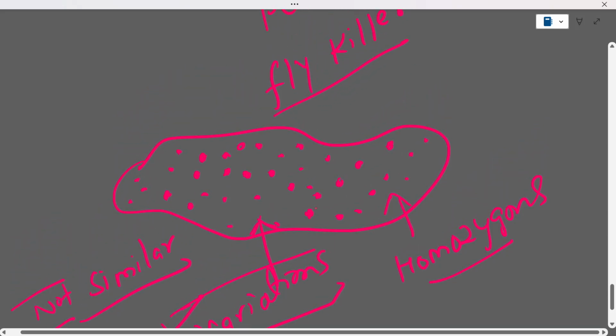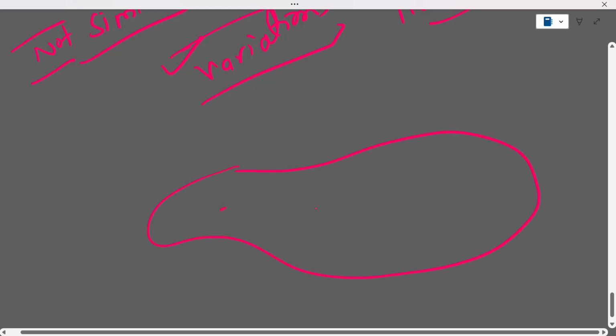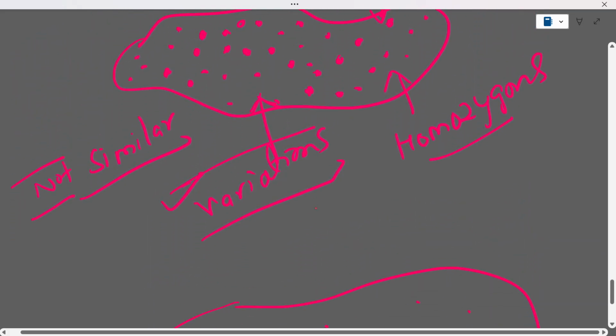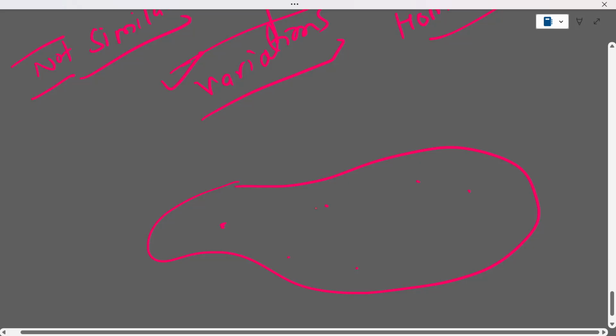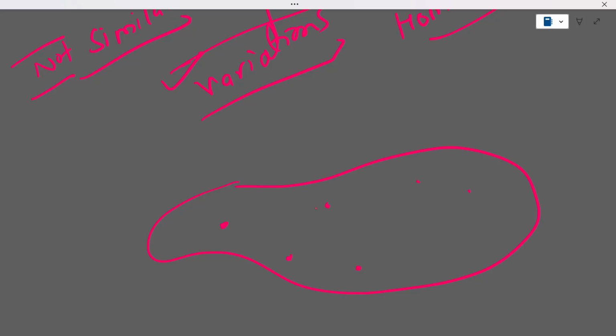So at first, when DDT was applied to this pool of housefly, let's say it killed most of the housefly, but a few strains which were not expressed, but such variations were there. So these strains remained.